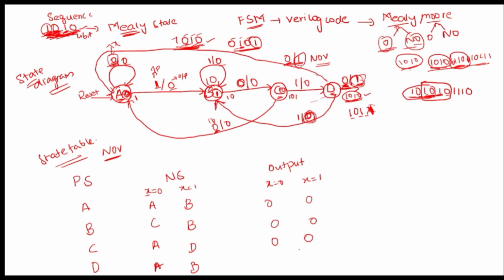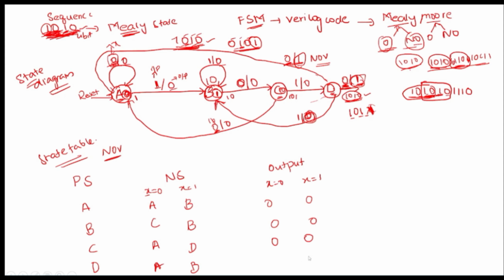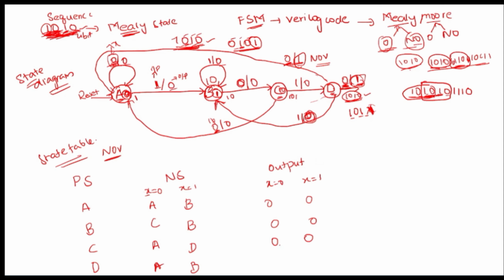When x equal to 0 at state D, the output will be 1, or else the output is 0. Clear? So this is how you create the state table for this particular Mealy FSM. Hope you are clear about this.